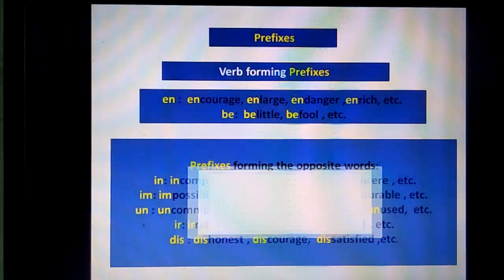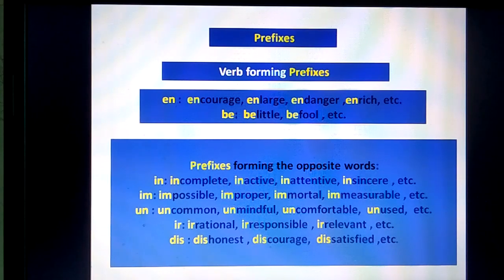Now prefixes forming the opposite words: in: incomplete, inactive, inattentive, insincere, etc. These are the prefixes required to make opposite words. Im: impossible, improper, immortal, immeasurable, etc. Un: uncommon, unmindful, unforgettable.